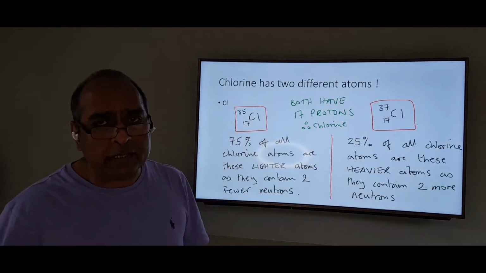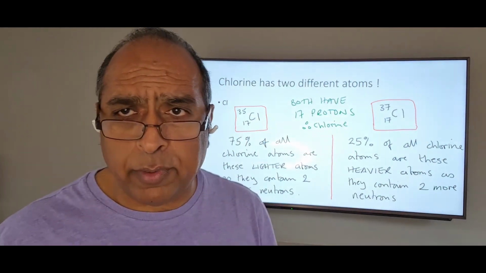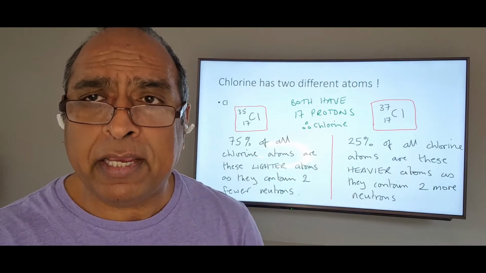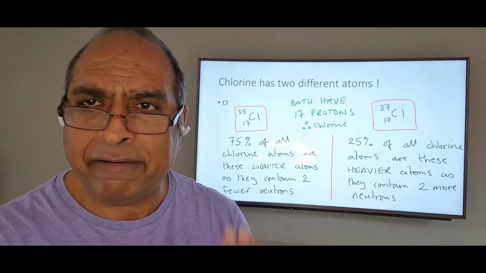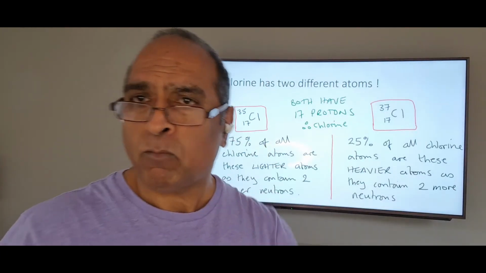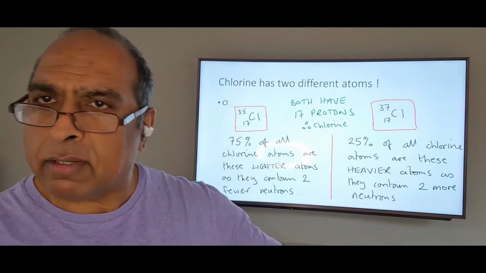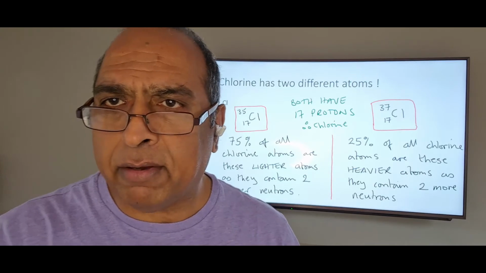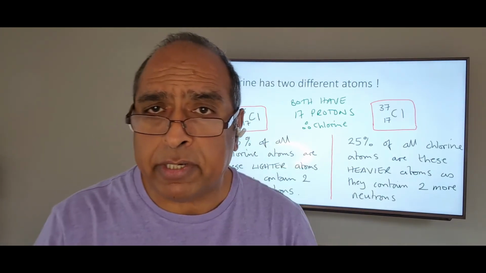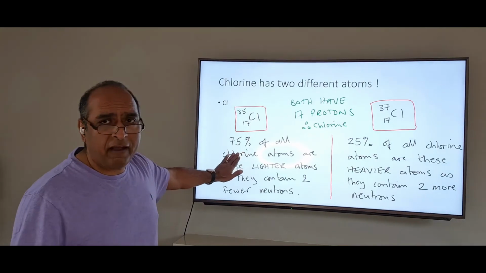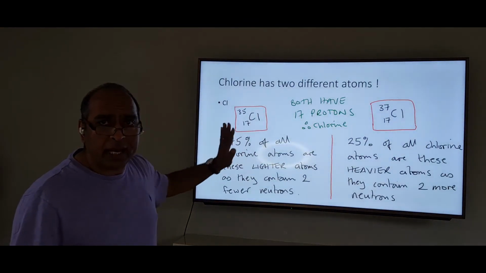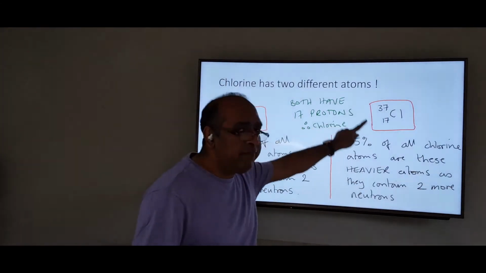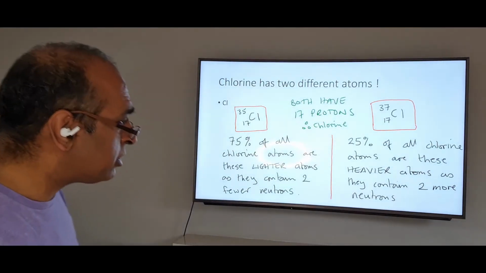The other thing I want to point out is that when we look at all the chlorine that exists in our world, we find a fixed ratio. Wherever we look, whether in Pakistan, in the UK, at some chlorine found high up a mountain or deep in the sea, we find a ratio of 75% of all chlorine is this lighter type and 25% is the heavier type, the chlorine-37 type.